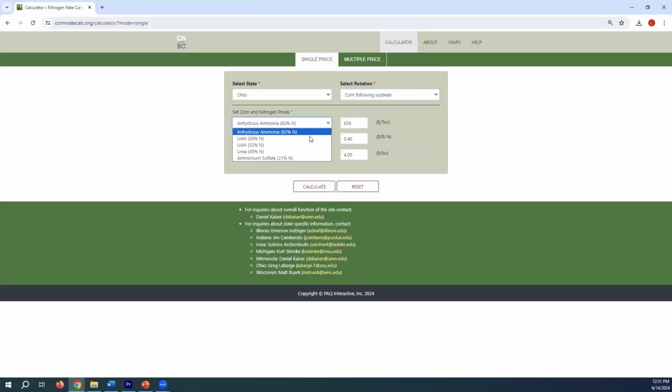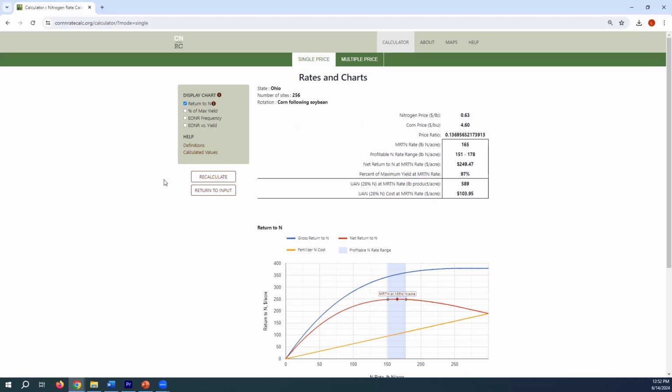You plug in those three pieces of information and then it spits out an optimal nitrogen rate. So the last I checked, for example, we are using UAN, and the fertilizer price for that specifically is around $350 per ton, and the expected corn price is around $4.60 for December 2024. That gives you around 164 pounds of nitrogen if it's corn following soybean. So that would be the optimal nitrogen rate.